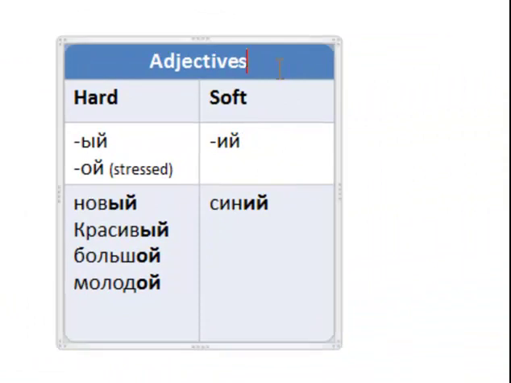Adjective endings in masculine can also be hard or soft. There are 2 kinds of hard endings for masculine. For example, ый, новый, красивый. Or ой, for example, большой, молодой. Remember that this ending is stressed. The soft ending for masculine is ий. For example, синий.